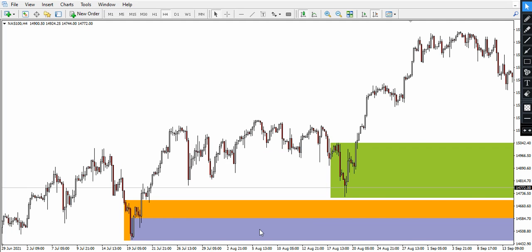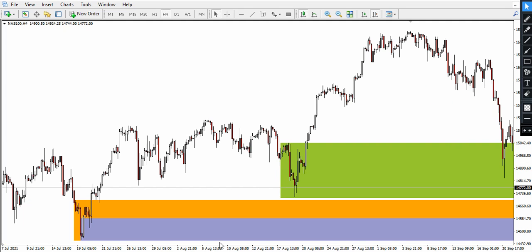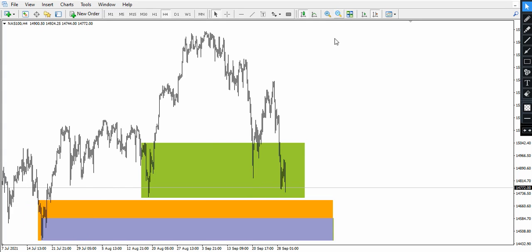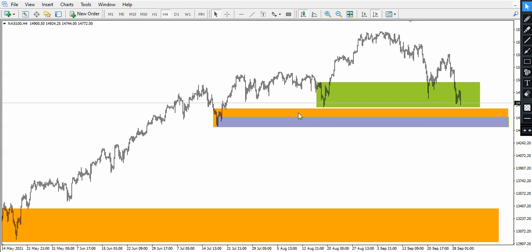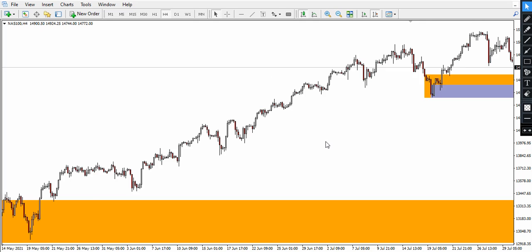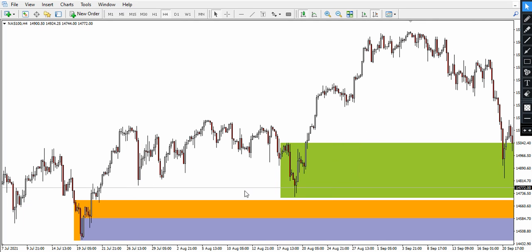Right here, yeah, exactly. So on the daily time frame, this is an order block here, which is not yet respected. However, we see this swing low here, and why is this? This forms liquidity.